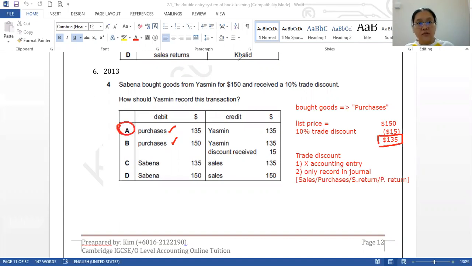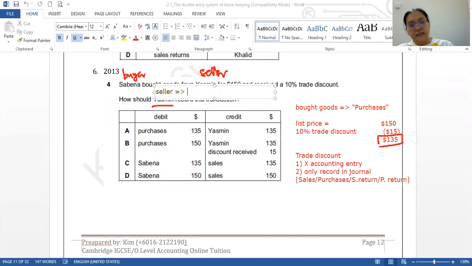Oh, sorry. This one, Sabina bought. This one is the buyer, but they ask from the seller's point of view. If it is the seller's point of view, Yasmin is the seller.